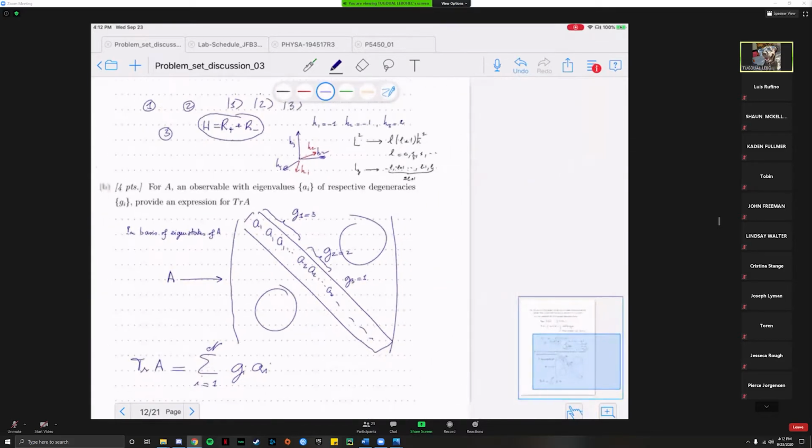Okay, so if I measure A and I find A3, then I know that the system that I measured is in the state corresponding to this eigenvalue, and there is only one such state. So that means that I have a one-dimensional state space, and I know which state space I am in. So I'm done.